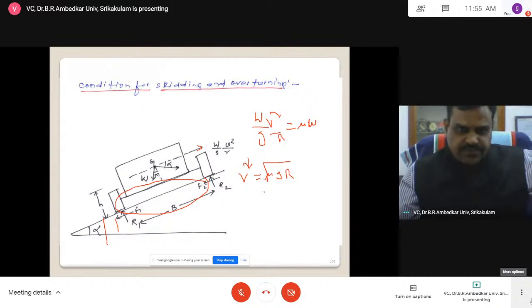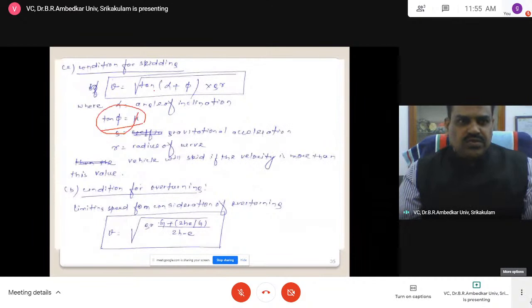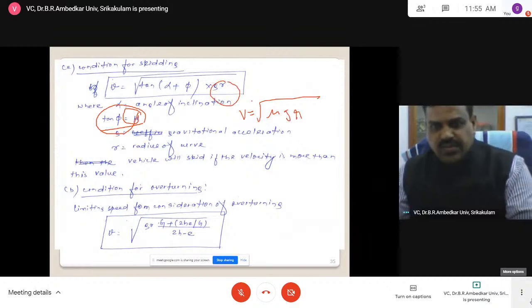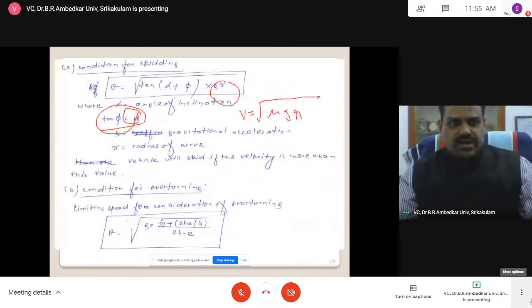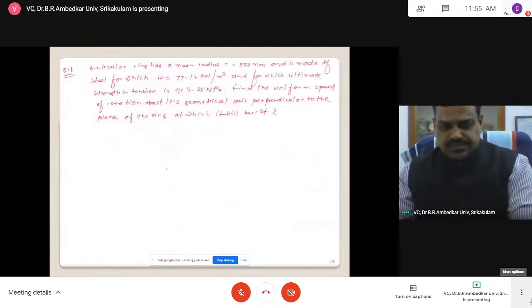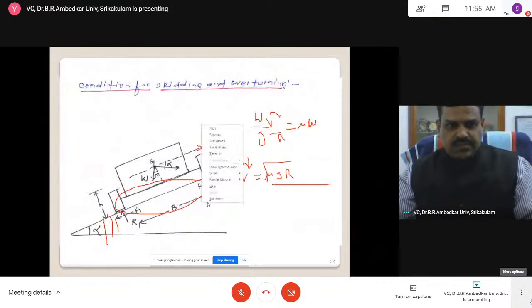This is for a plane surface, but it is an inclined surface. If you resolve, this is mu, tan phi. The phi is nothing but mu equal to tan phi. That is, V is equal to square root of mu G R. G R is the same. Only that the angle tan alpha, you have to consider the total angle.